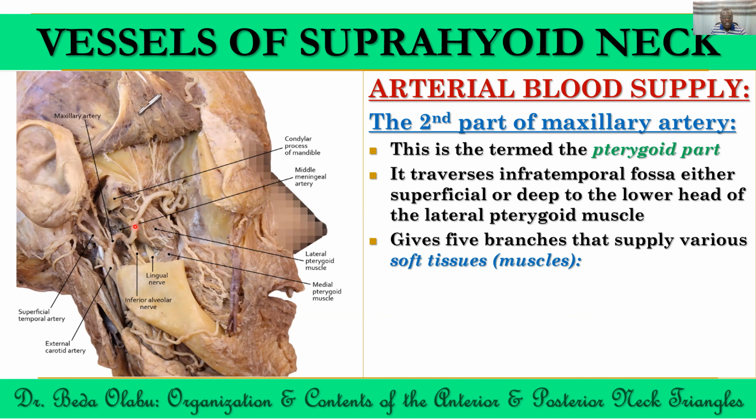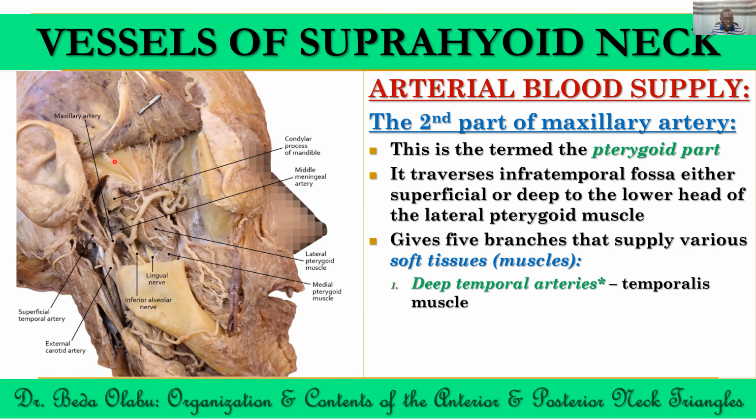It gives 5 branches, and these 5 branches given in this second part go to soft tissues, and the soft tissues here are basically muscular tissues. So we do have the deep temporal arteries, which are 2. We have anterior and posterior deep temporal arteries. So we can see the anterior deep temporal artery there, and we can see the posterior deep temporal artery there.